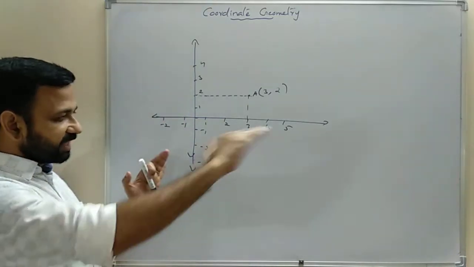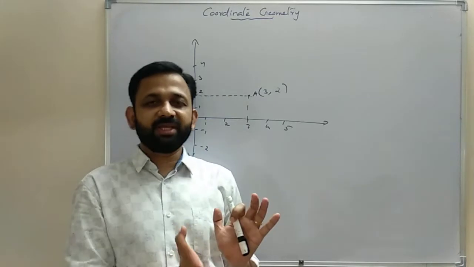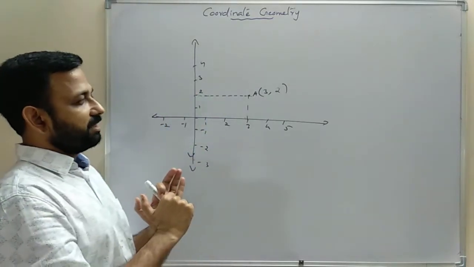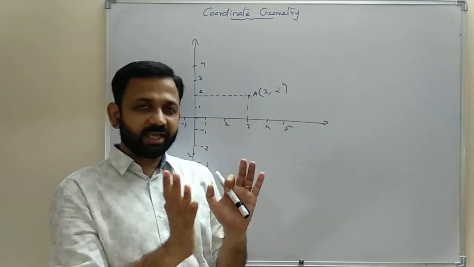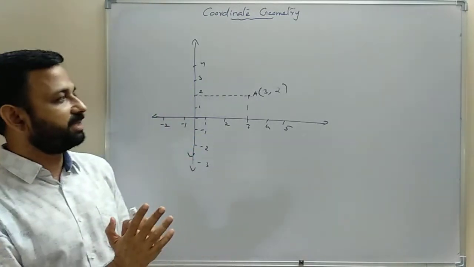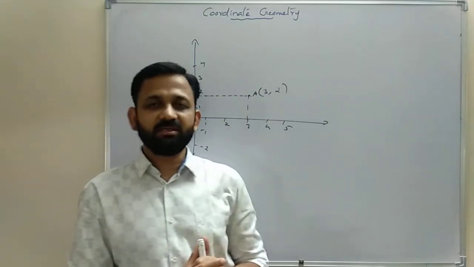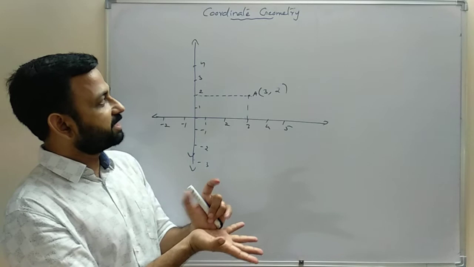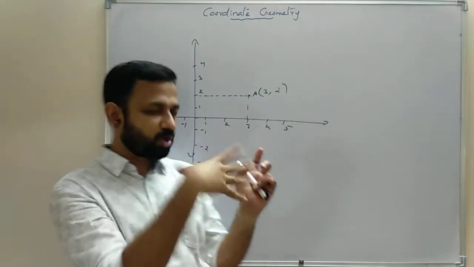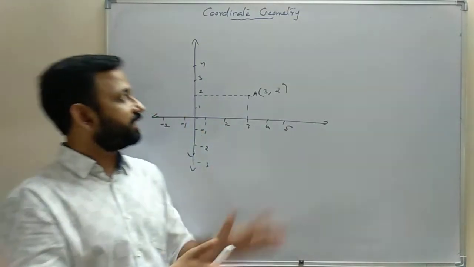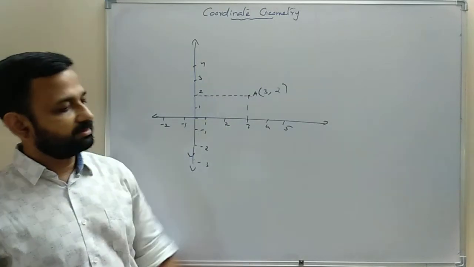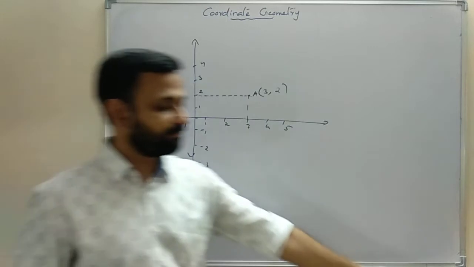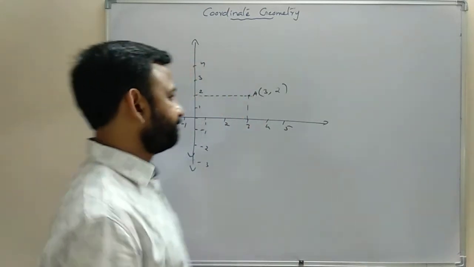If we know the vertices of that figure, we can find the distance between two points, the area of the triangle formed, the area of the rectangle formed, etc. So with the help of algebra and geometry, we will find the area of the figure, the distance between two points, etc.